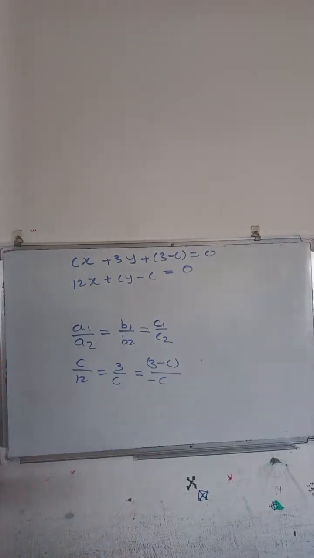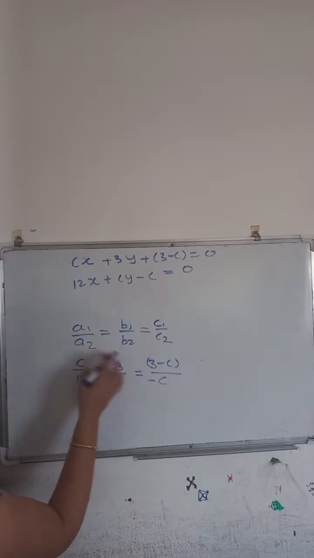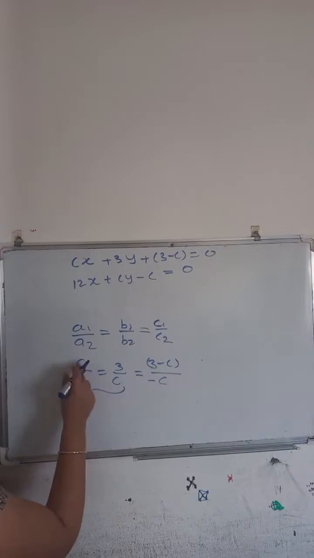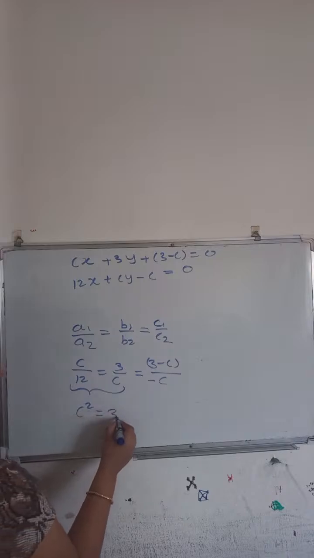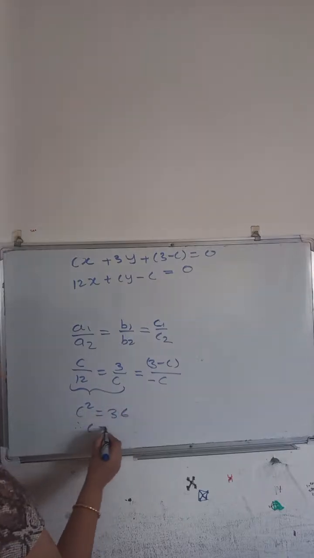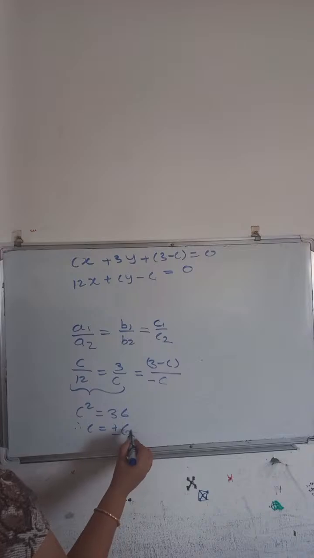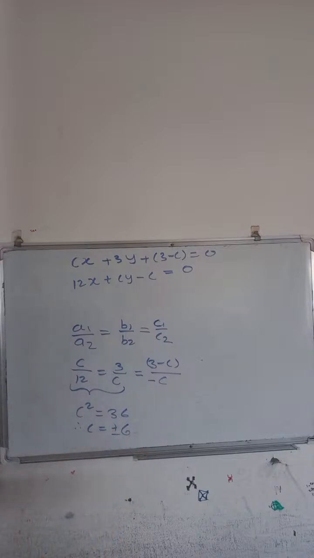Anyhow I want to calculate the value of C, so you can take any two. I will take this much. So C into C is C square and 12 threes are 36. So C is nothing but plus or minus 6. Getting this? This is the answer.